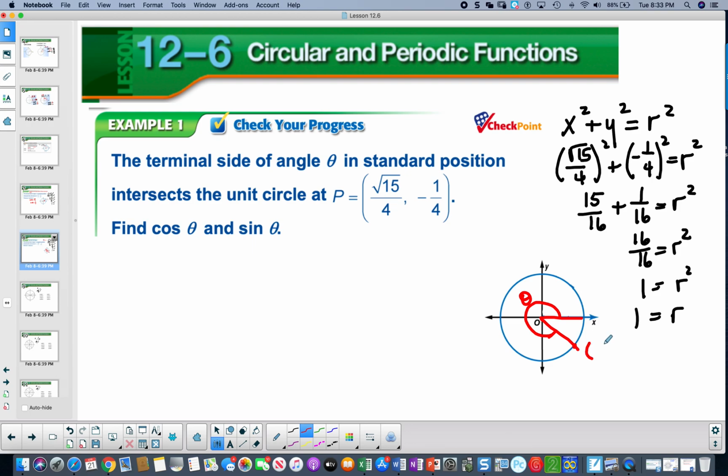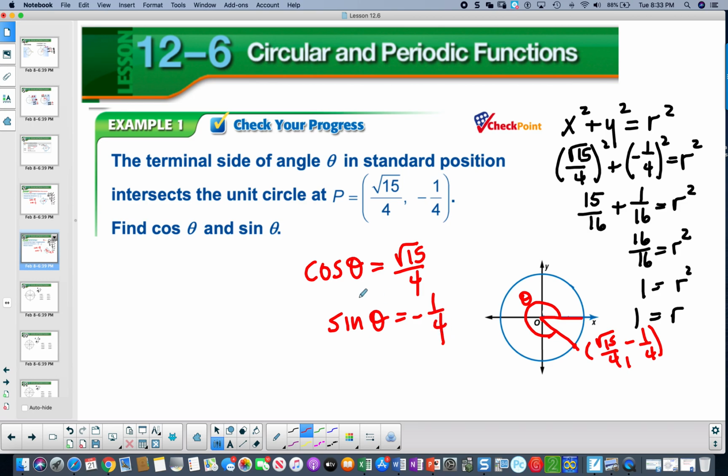So this is the point location, -√15/4 and -1/4. And we can actually find the sine and cosine without having to draw the triangle at all. All you have to do is identify the x-coordinate, and identify the y-coordinate, and you have the value of the sine and the cosine for this angle.